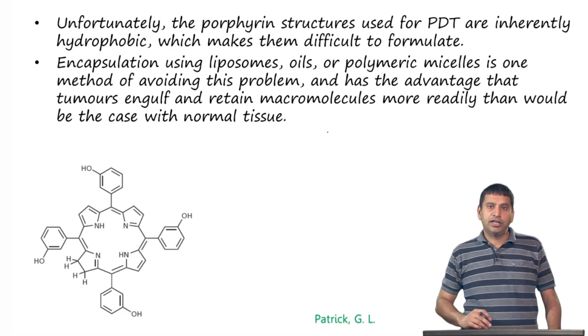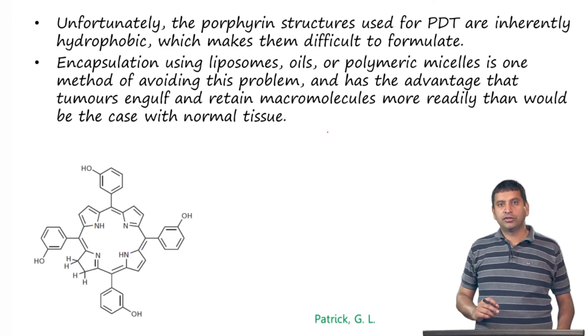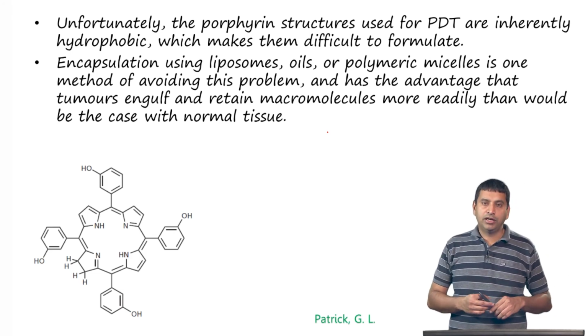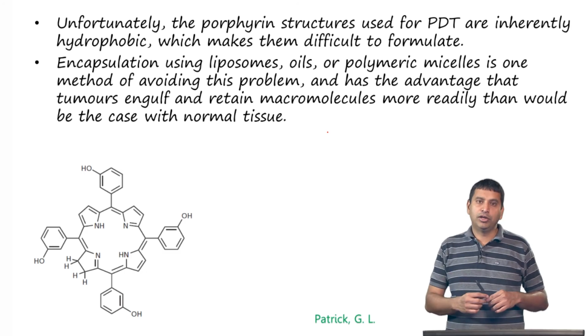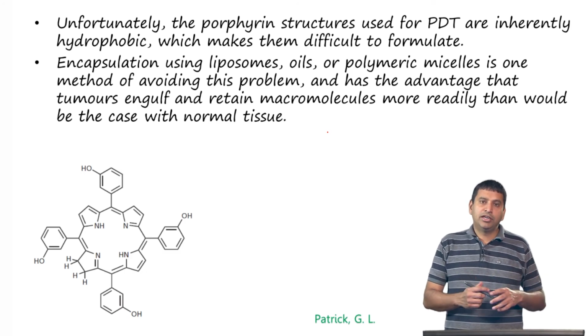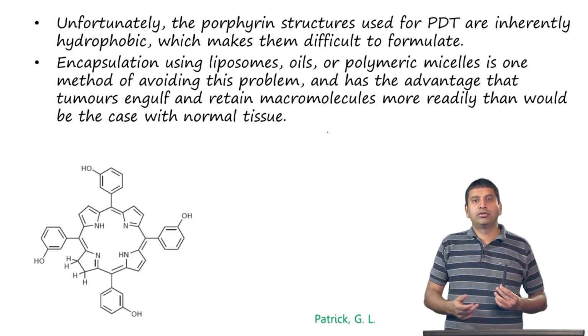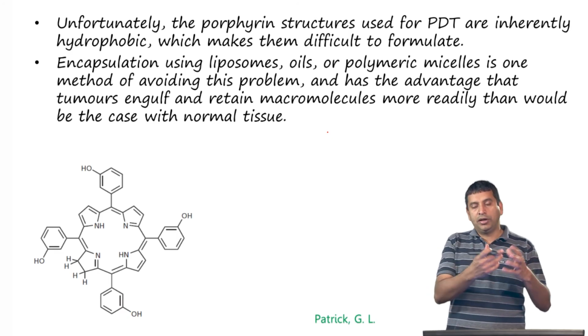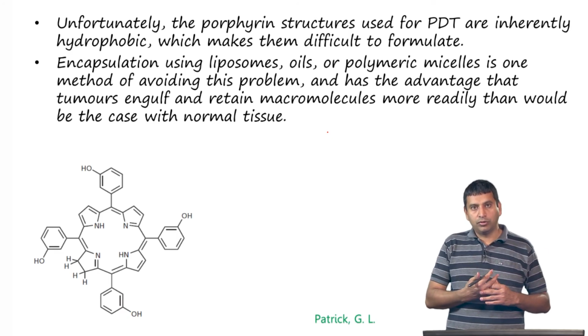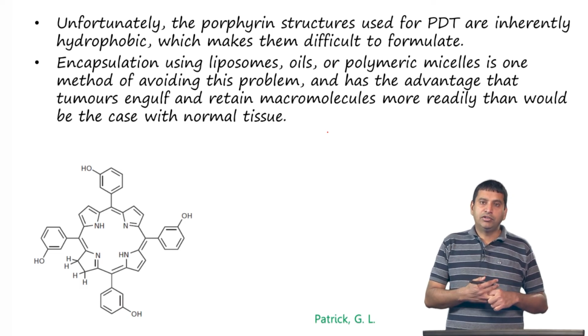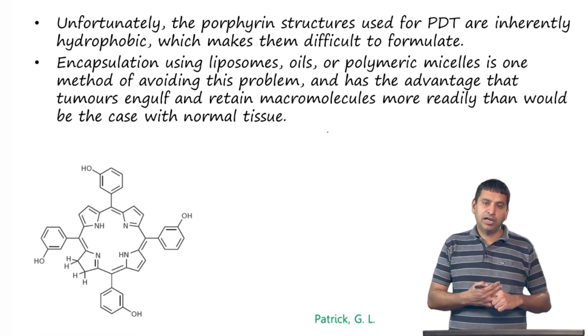Unfortunately, the problem with porphyrin structures is that they are inherently hydrophobic, which makes them very difficult to formulate. So, liposomes or oils or polymeric micelles are used to make these molecules water soluble. This also has an advantage, because these tumors are known to have an enhanced permeation and retention effect.